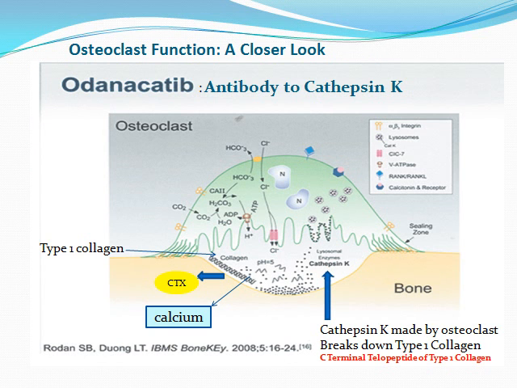Now, focusing on the osteoclast, you can see from this slide that the major function of the osteoclast is the demineralization of bone, and it does this through the production and secretion of proteolytic enzymes and hydrochloric acid.